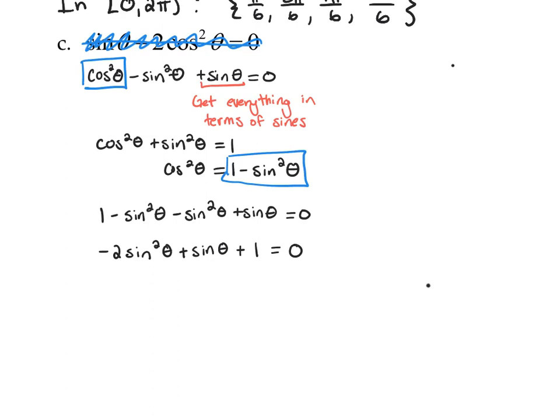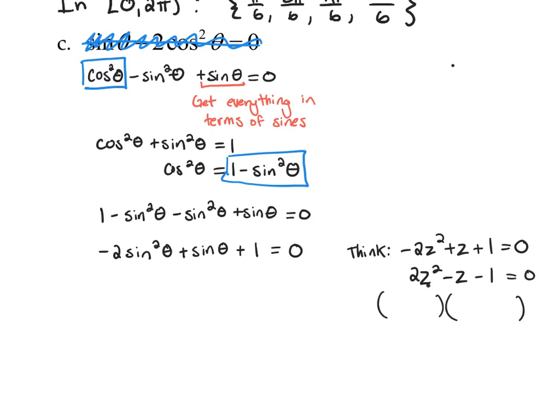In this case, I want you to think -2z squared plus z plus 1 equals 0. Something like that, I would probably want to multiply both sides by -1 to get 2z squared minus z minus 1 equals 0. And then I would want to factor.